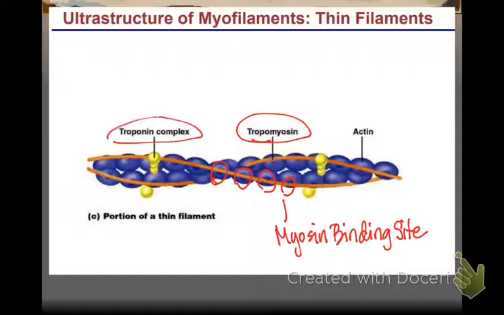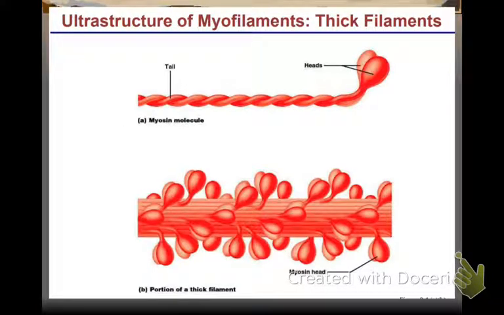Then you have this troponin over here, another protein. When calcium bonds to the troponin, it's going to pull and cause the tropomyosin to move away, exposing the actin binding sites. And when the actin binding sites are exposed, one of the heads of the myosin is going to bind to the actin, and the other one is the ATP binding site. So there are 2 heads on the myosin filament.